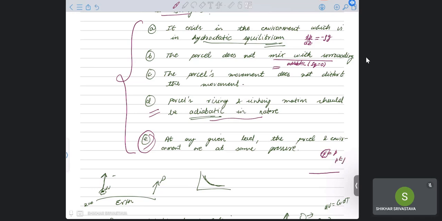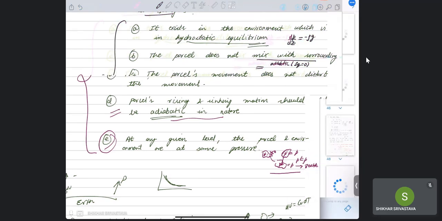P dash is equal to P at any level. You take the parcel down, the parcel pressure will become equal to the pressure at this level. Suppose it is 800 hectopascal, so P dash will become equal to 800. If you take the parcel to 750, P dash will become equal to 750. So at any given level, the parcel and environment pressure are always the same. This is a very important assumption to remember.